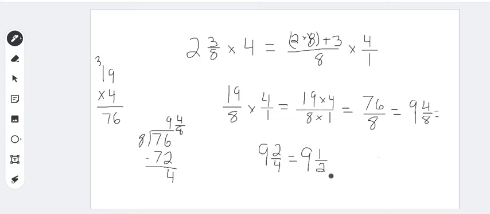So 9 and 1/2. You may have also known that it was 9 and 1/2 because 4 is half of 8, right? 4 plus 4 is 8. So you may have already just noticed that that was a half. So the answer is 9 and 1/2.